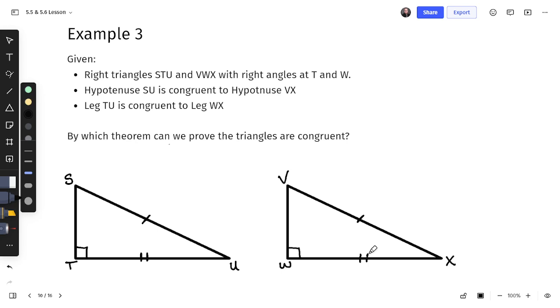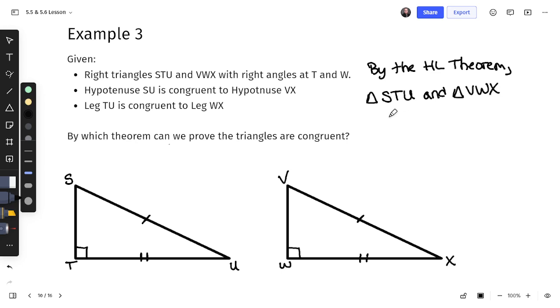Again, remember the HL theorem only works for right triangles, but since we have a right triangle with the hypotenuses congruent and one of the corresponding legs congruent, then we can conclude by the HL theorem that triangle STU and triangle VWX are congruent.